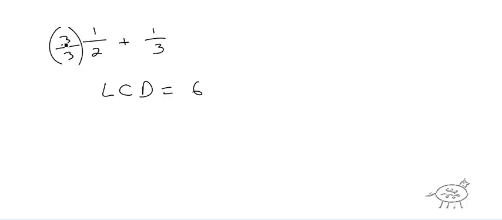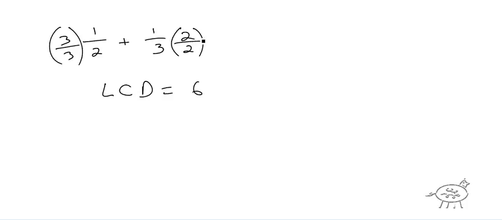And you're like, well, how can you just do that? You can't just multiply it, but sure you can. Because what's 3 over 3? Isn't it just 1? So 1 times 1/2 is still 1/2. I haven't changed the problem. If you multiply it by something that changes the problem, well, that's bad because now it's no longer the original problem. All right, so it's 3 over 3, and then, again, 1/3. How do you get 3 to be 6? Multiply it by 2. So 2 on the bottom, well, of course, we're going to multiply it by 2 on the top.